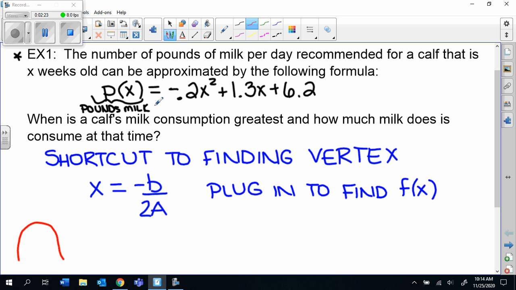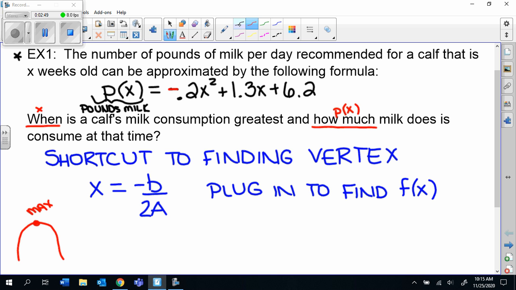And so we know that because it begins with a negative here, it opens down. So our vertex is a max value. And so if we can just find the coordinates of that vertex, that will tell us when it's the greatest and how much. So the when is the x and the how much is the p of x, or the y value.